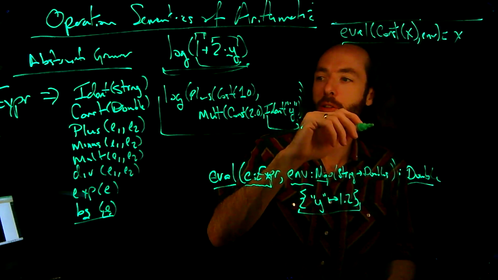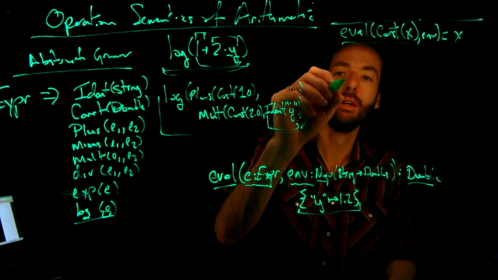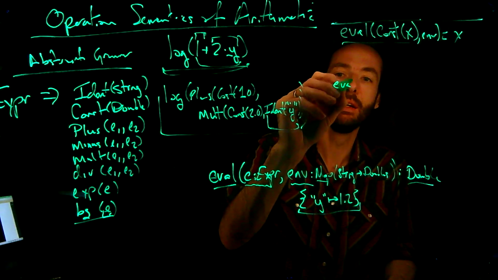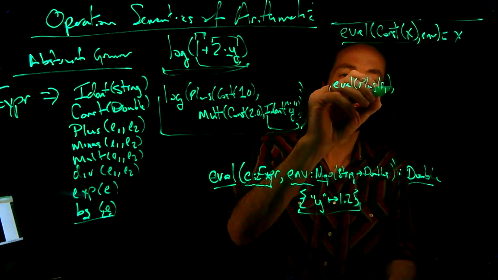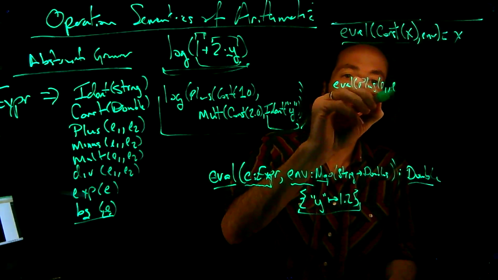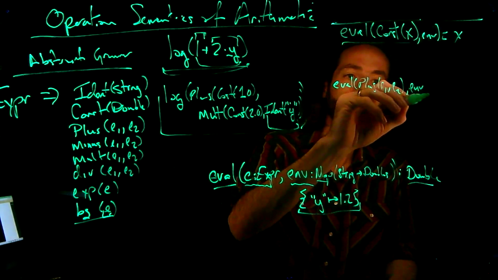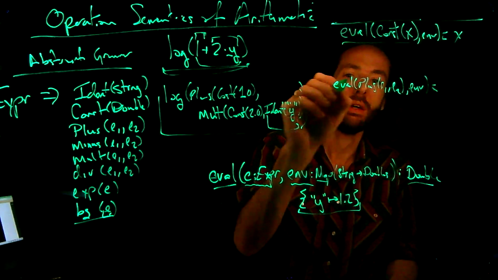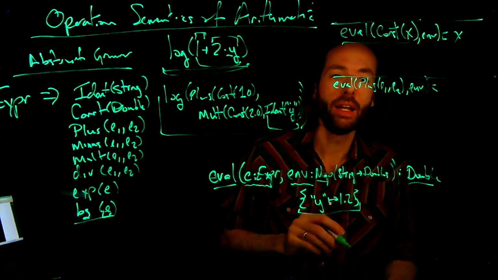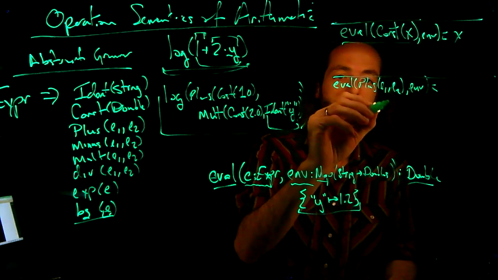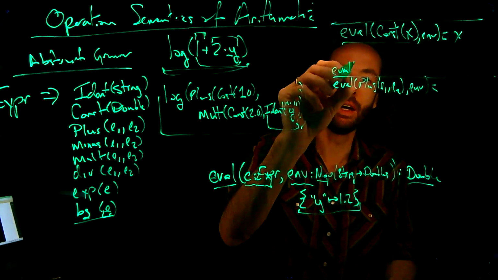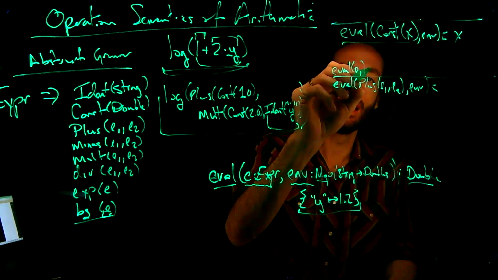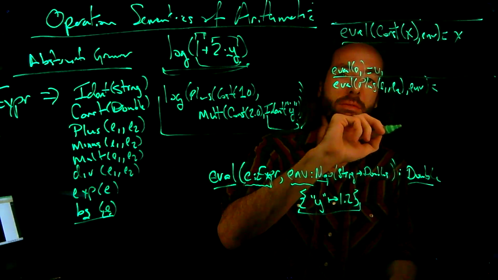Let's say plus. So what's the rule for eval of plus of e1 and e2 under some environment? Well, to figure that out, I need to know what e1 and e2 evaluate to. So we want to eval e1, and that should hopefully return something.